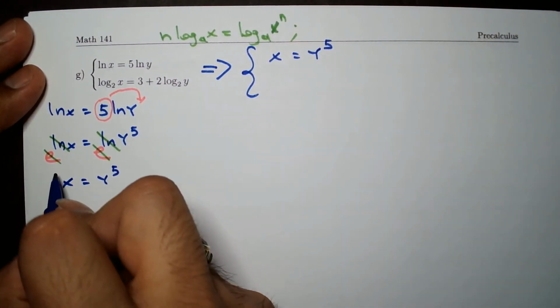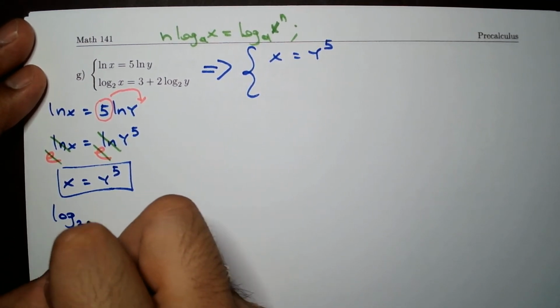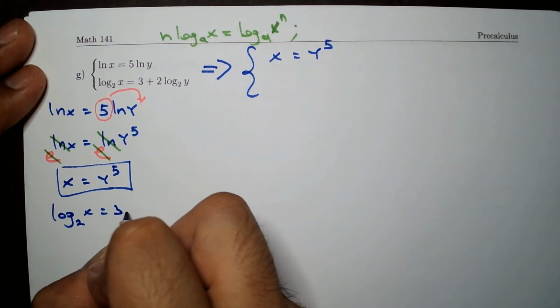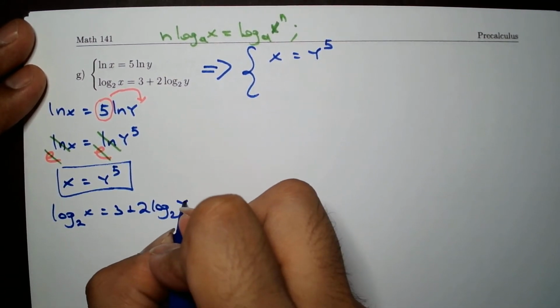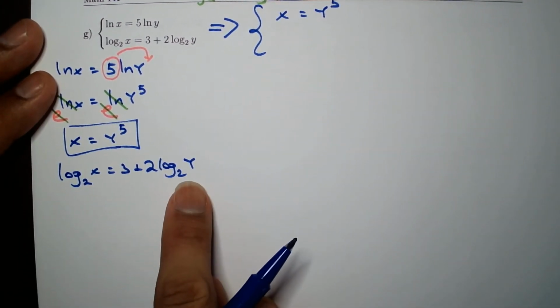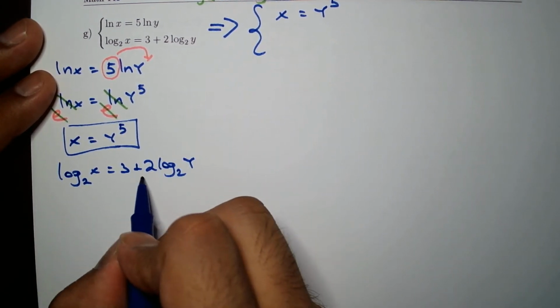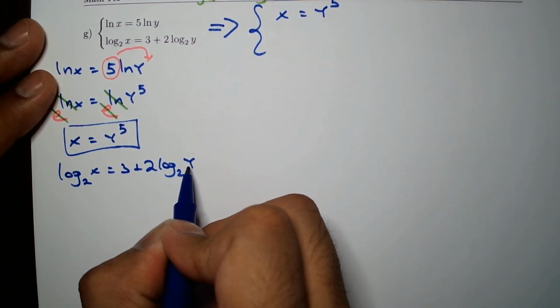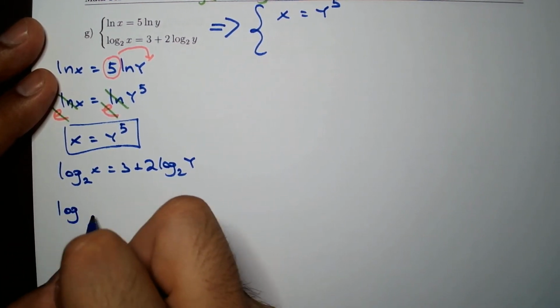Now let's work with the second equation, that is log base 2 of x equals 3 plus 2 log base 2 of y. All right. So number one, let's have all the logarithms on one side. So this 2 log base 2 of y, I'm going to send it to the left hand side with the opposite sign.